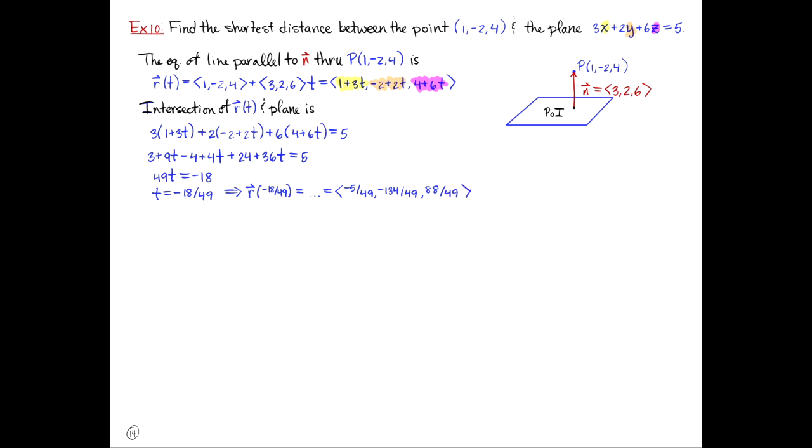Now we have the point that lies in the plane, and our point 1, -2, 4, and so we want to find the distance between the two.